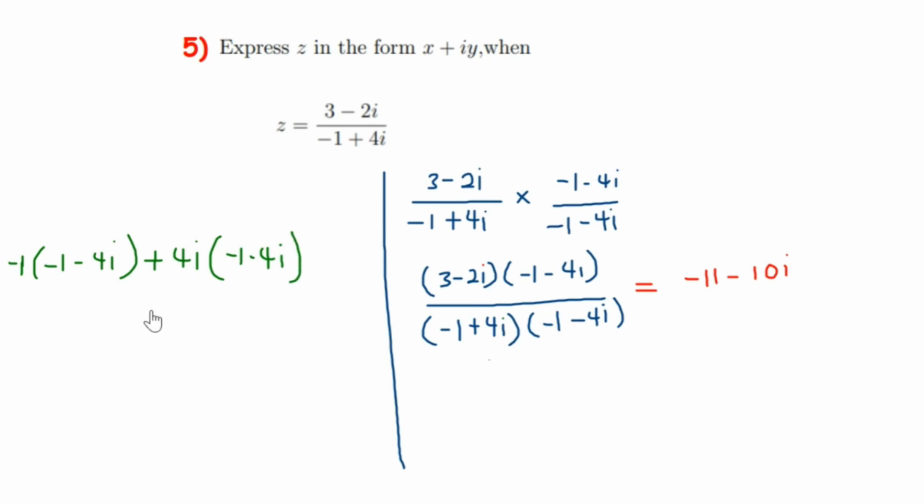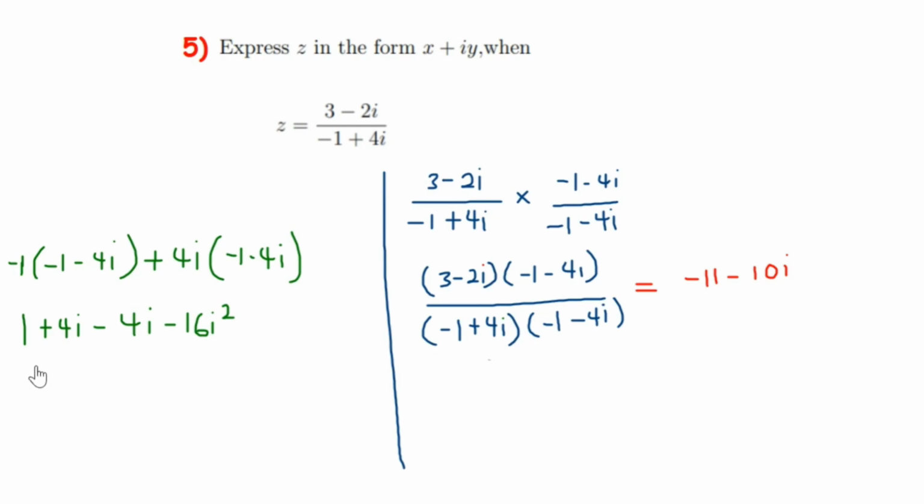Anytime you multiply a complex number by its complex conjugate, you get a real number. So negative 1 times negative 1 gives us 1, minus 1 times minus 4i gives us plus 4i, 4i times minus 1 gives us minus 4i, and 4i times minus 4i gives us minus 16i squared.